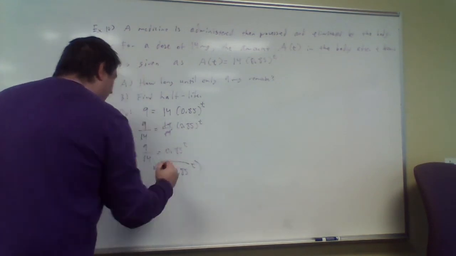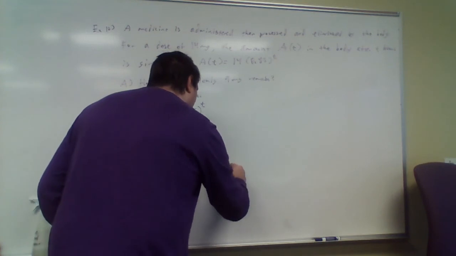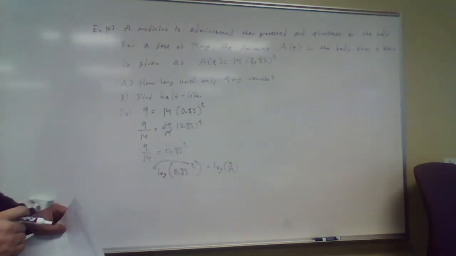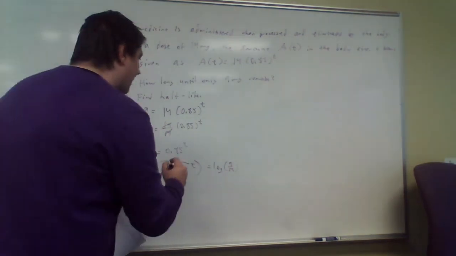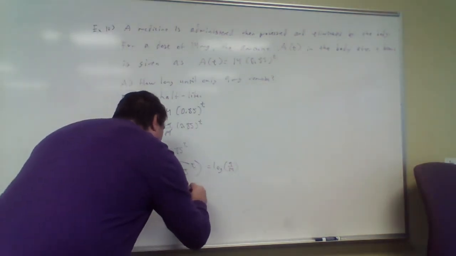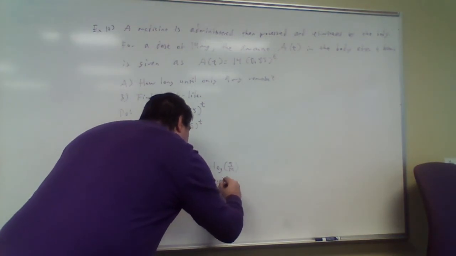And that T will be able to go to the front. If I do that to this side, I also have to do it to the log of 9/14. So I have t log 0.85 equals log of 9/14.